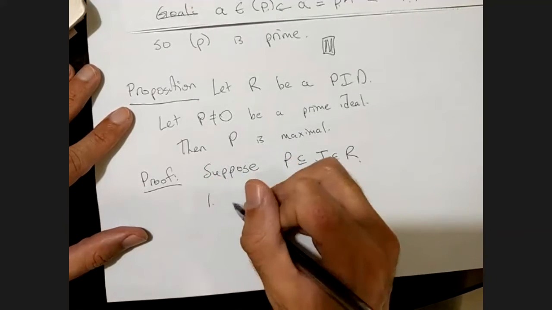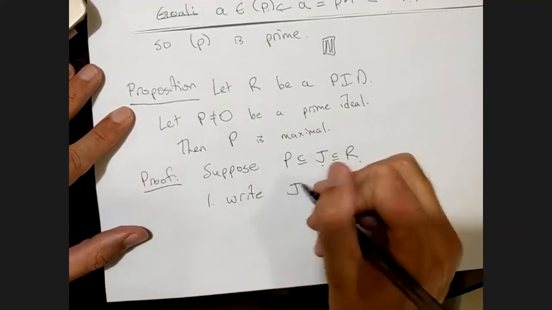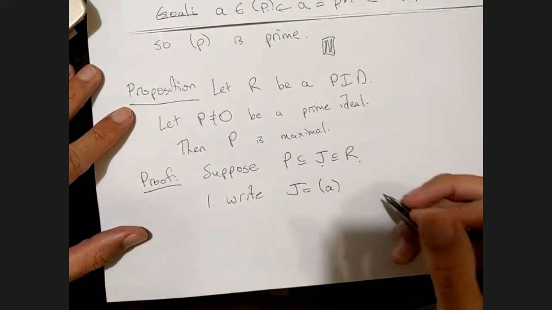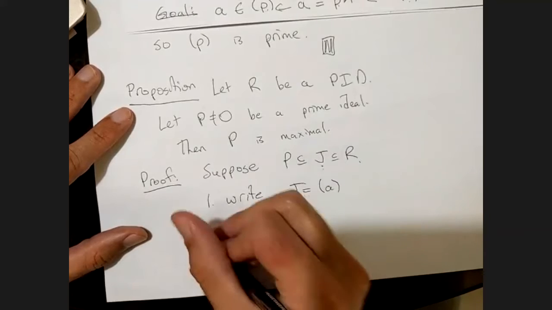Step one would be to write that J is generated by an element A, since R is a PID.